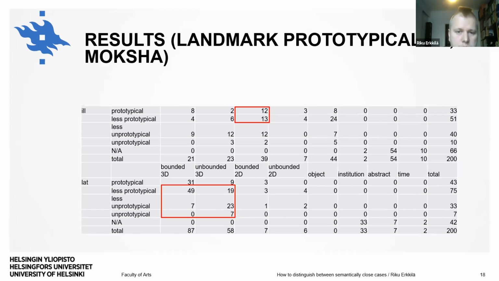And as we see here, Moksha has more or less the same distribution. However, illative is used with less prototypical two-dimensional bounded landmarks more often than in Erzya, but I think that is only because my data had more of these kinds of landmarks and nothing else.